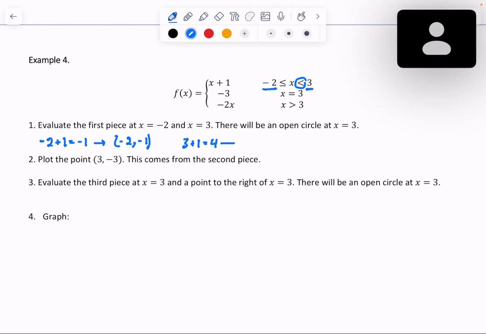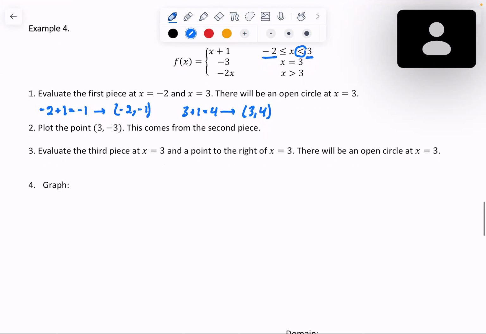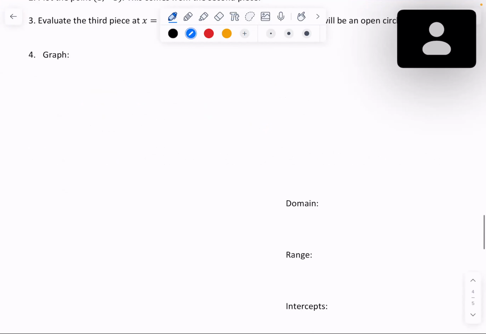So this corresponds to the point 3, 4, right? So now I know these 2 points. So let's actually draw the graph now. Let's start it. That way we can go step by step as we go.